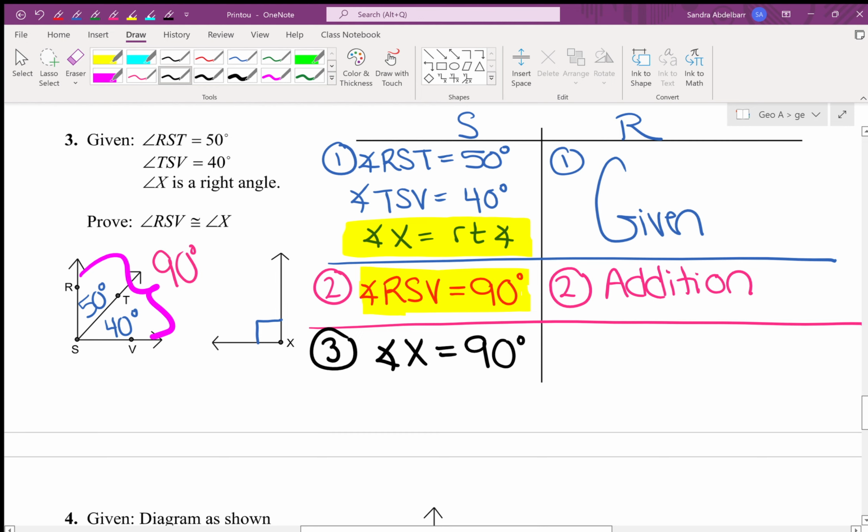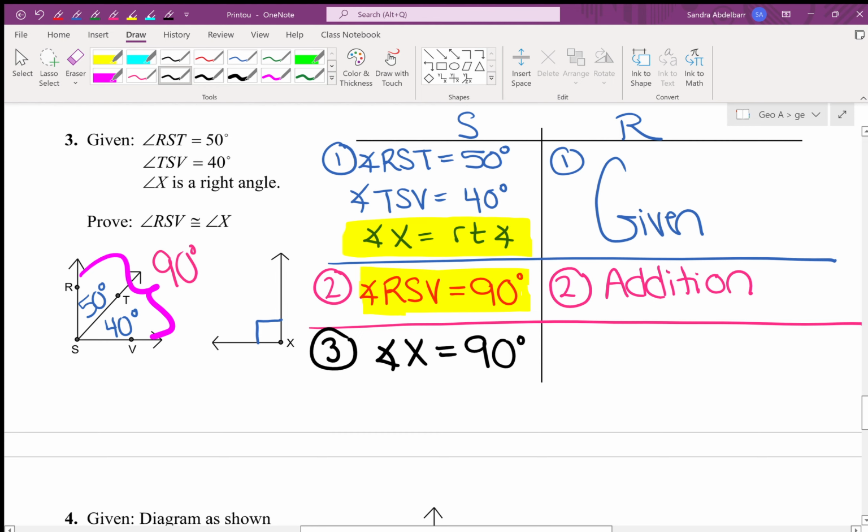So what is that? Olivia? A postulate? No, a postulate is something we know is true but can't prove it. Isn't this the definition of a right angle? The definition of a right angle is an angle that has an exact measure of 90. That's a definition. Right? Since it's a definition, a right angle has a measure of 90 degrees.